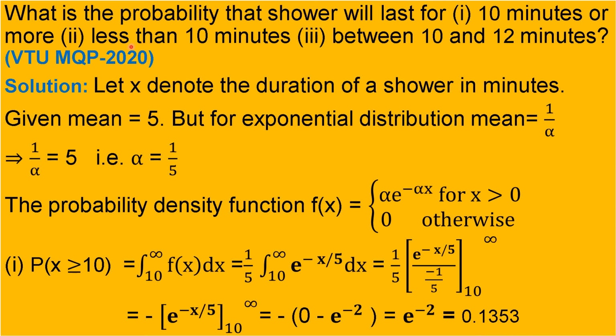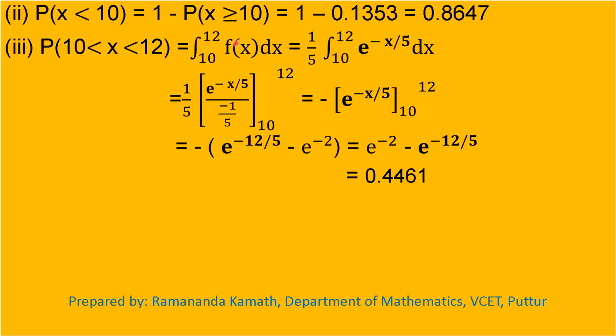What is the probability that the shower will last for less than 10 minutes? The probability that x is less than 10 will be the same as 1 minus the probability that x is greater than or equal to 10. 1 minus the probability of not this: x will not be less than 10 means x greater than or equal to 10.